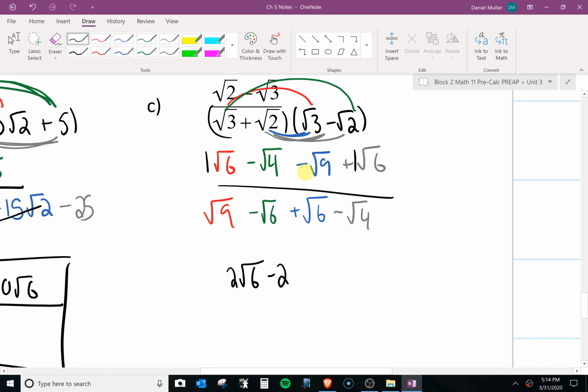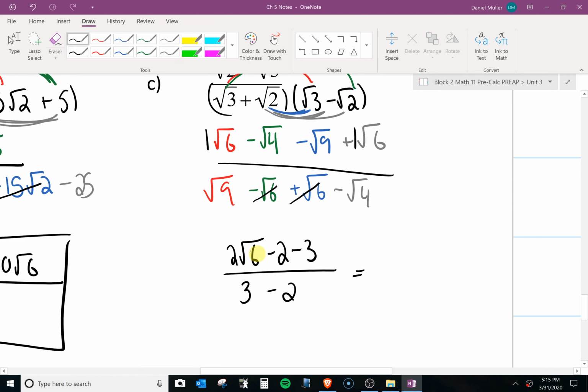Then I here have minus the square root 9. Square root of 9 is 3, so I'll have a minus 3. I have to combine that 2 and a 3 in a moment. Down below, I've got the negative root 6 and a positive root 6. Those are both the same, but one's positive, one's negative, so we'll cancel them out. The square root of 9 on the left here is going to be 3, minus the square root of 4, which is 2.